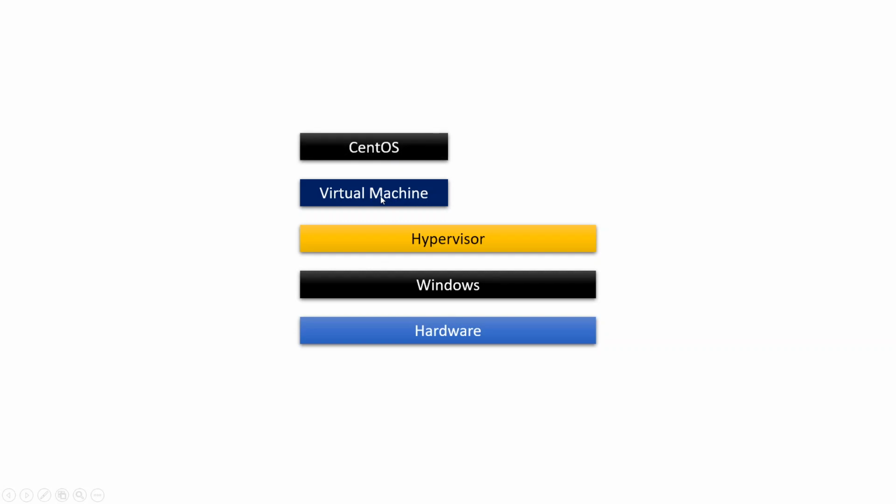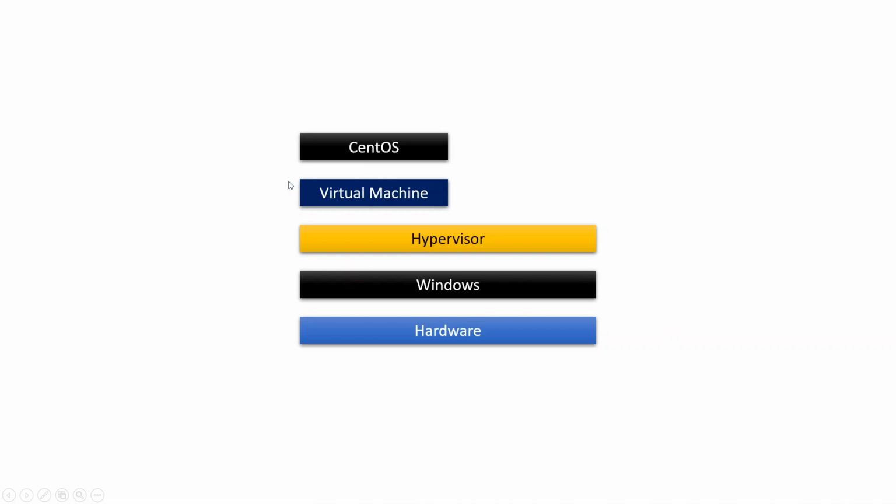So what you can do is you can install a hypervisor. Oracle VirtualBox is one of the freewares in terms of hypervisors. On the hypervisor, you can create a virtual machine by allocating your hardware resources to it. And on the top of your virtual machine, you can install CentOS. Now, this virtual machine is virtual, you cannot see it, and we will discuss virtual machines and hypervisors in a different video.